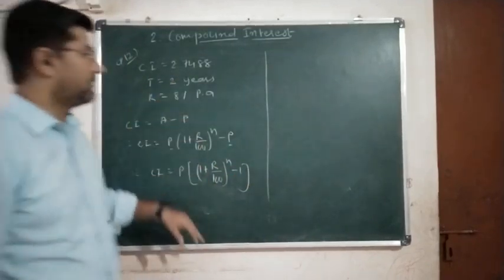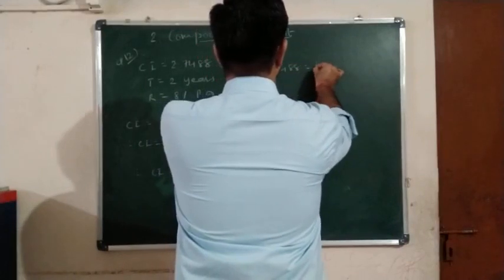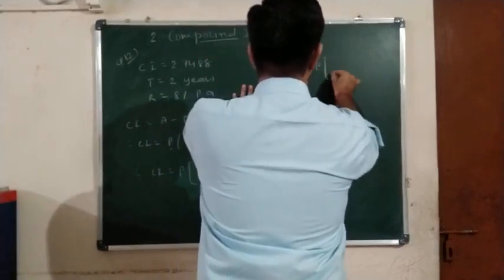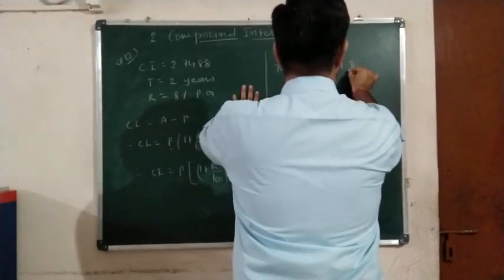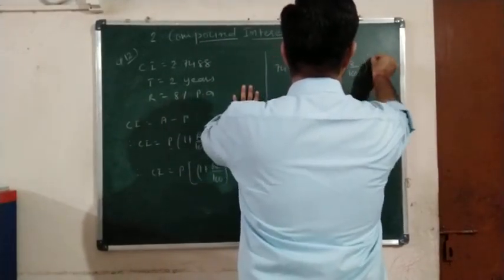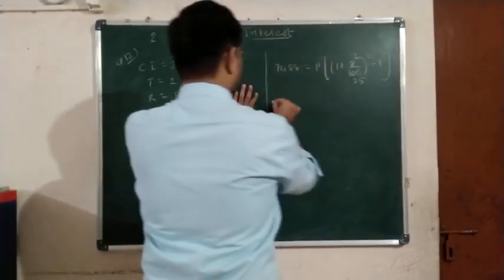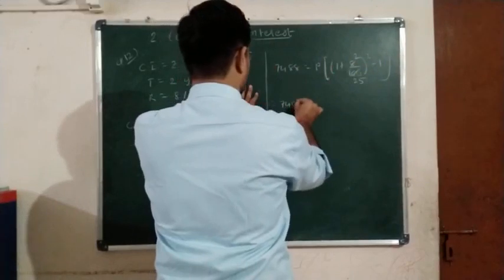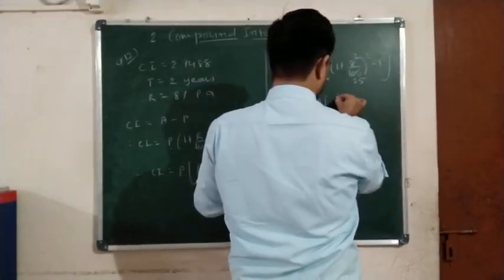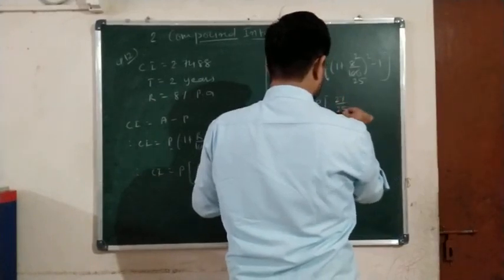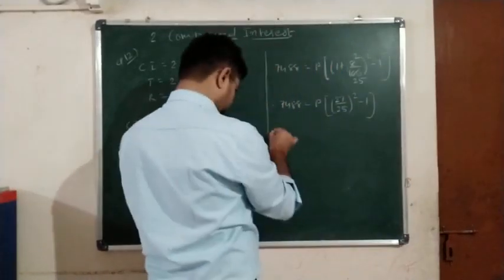Value of CI is 7488. So 7488 is equal to P into bracket 1 plus rate is 8%, 8 upon 100, raised to 2, minus 1. 8 upon 100 is 2 upon 25, therefore 7488 is equal to P into bracket 25 plus 2, 27 upon 25, the whole square, minus 1.